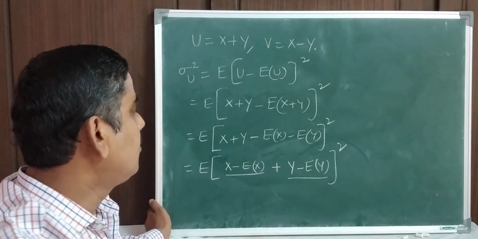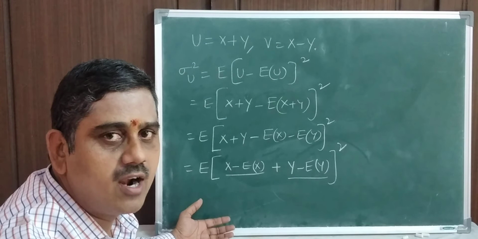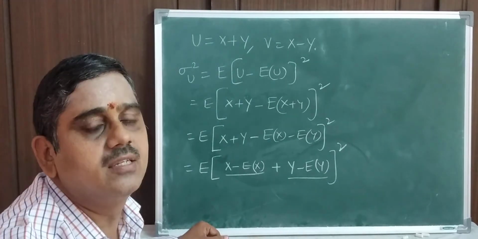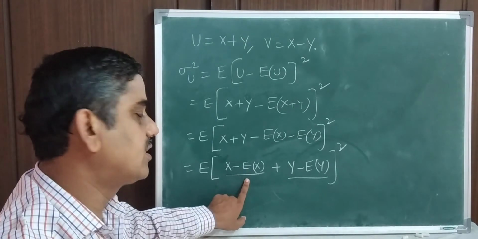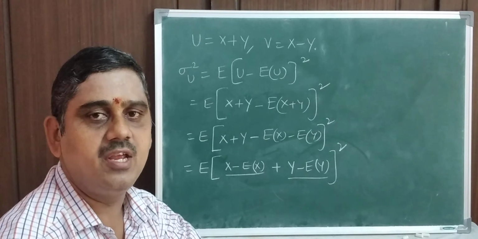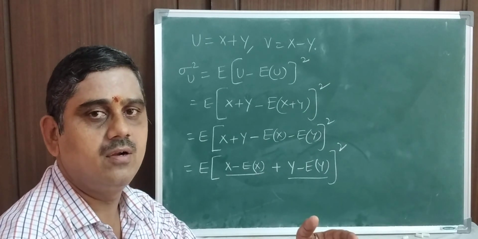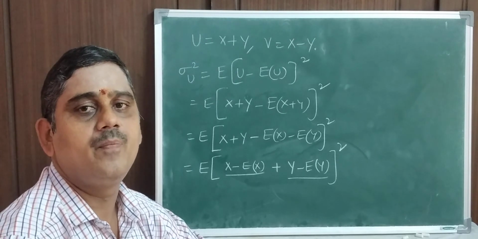Now you can do the square and take expectations. Consider x minus expectation of x as a, and y minus expectation of y as b, so a plus b the whole square. Just do the square and then take expectations immediately.